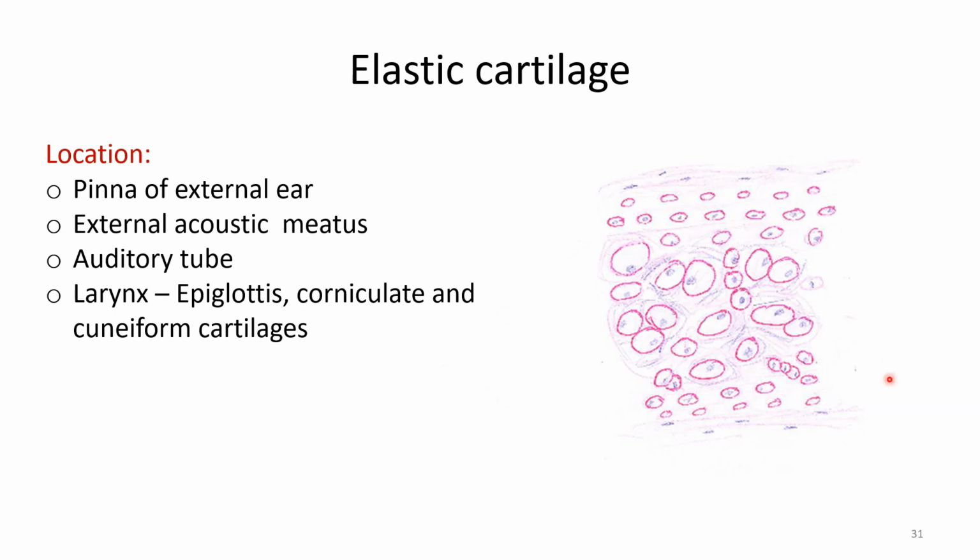In this picture, we can see the elastic cartilage with the 2 layers of perichondrium and the larger cells of the elastic cartilage, either singly placed or in groups of 2, and between these groups of cells or surrounding the individual cells, we will be seeing the fibrous matrix, which consists of elastic fibers with little ground substance.